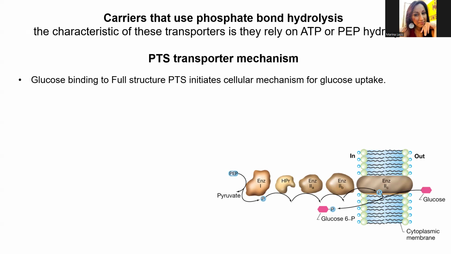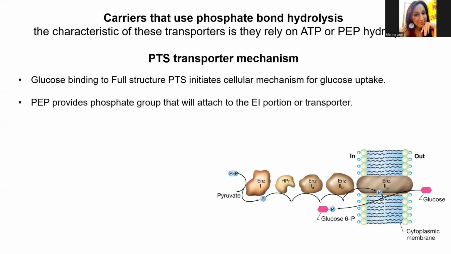When glucose is bound, the cascade starts from down, from inside the cell, where phosphoenolpyruvate (PEP) hydrolysis provides a phosphate group. So PEP now gets hydrolyzed, and the phosphate group gets attached to EI, or E1. So the E1 portion of the transporter is soluble, and it's inside of the cell.